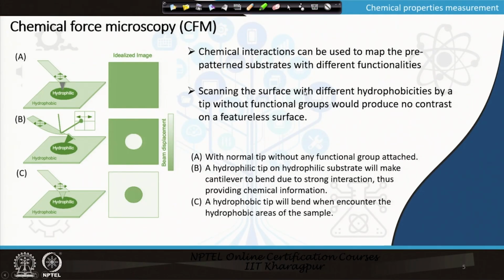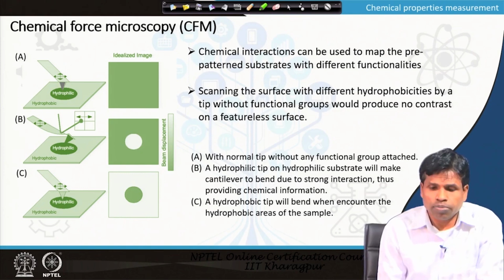And an example as you see, as we attach a particular type of functional group, that can be hydrophilic in nature, that can be hydrophobic in nature. In this example that you see here, we can study the functionalities at the sample surface.